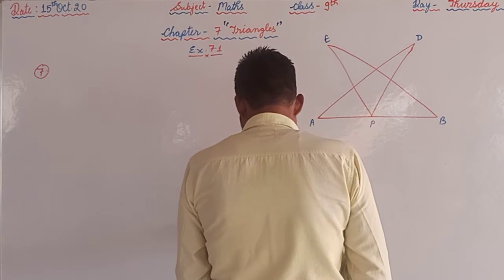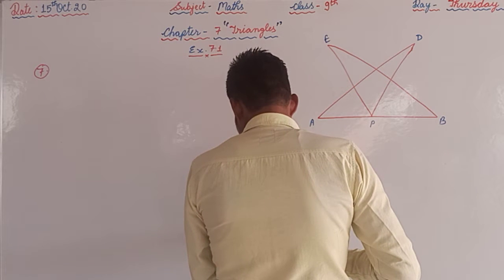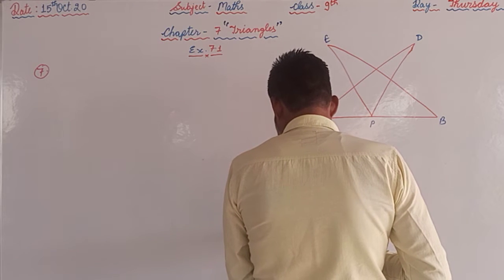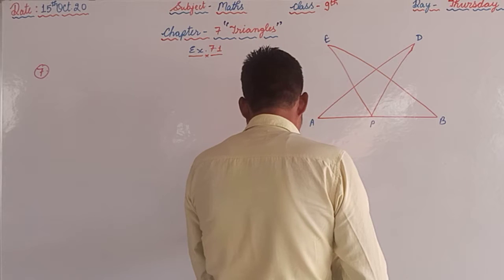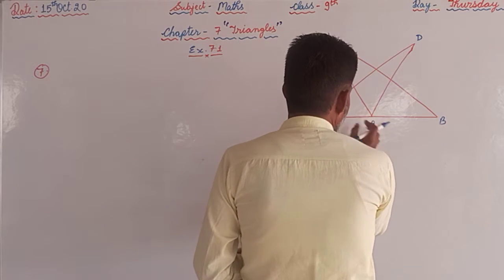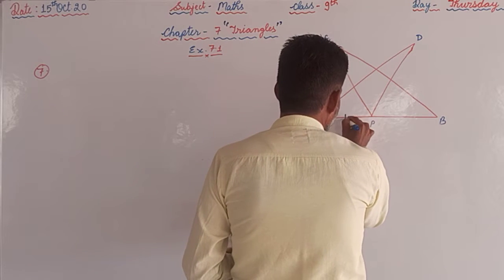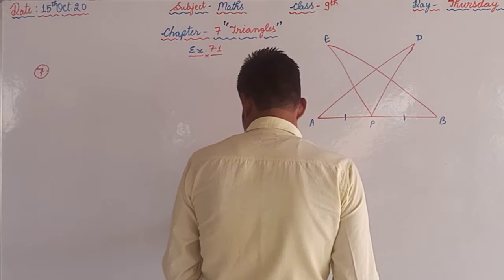This figure is given. In that figure, P is the midpoint, AB is a line segment and P is its midpoint. If P is the midpoint of AB, then AP is equals to PB, first thing.